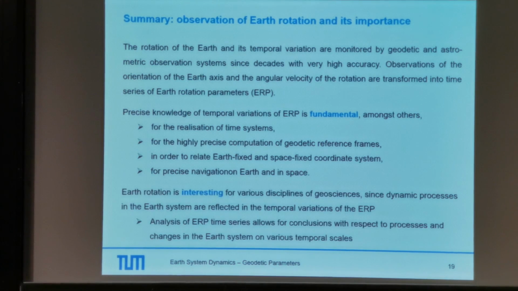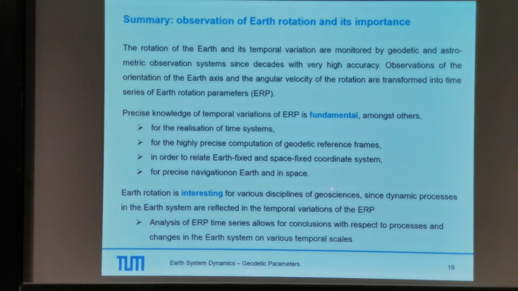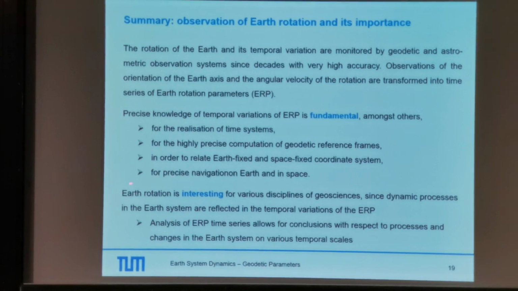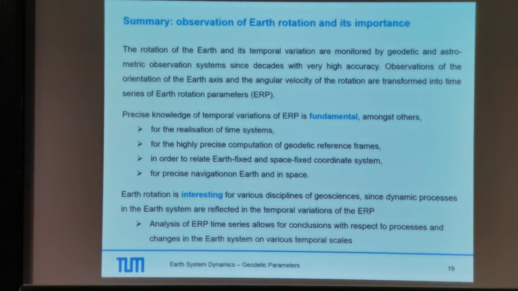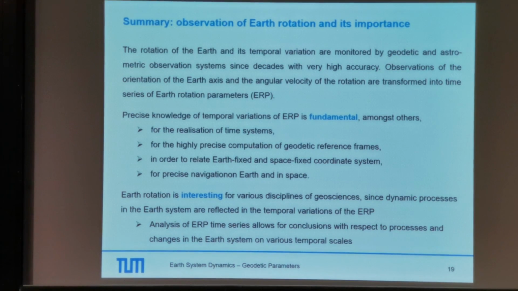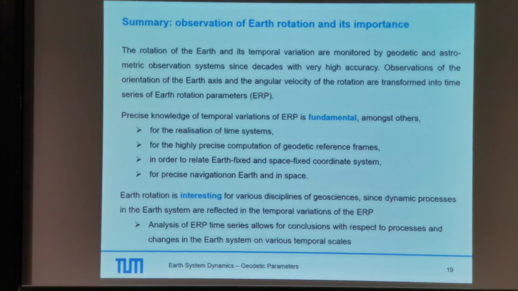Earth rotation is really important. It's interesting for various disciplines in geosciences, since dynamic processes in the Earth are reflected in the temporal variations, as we learned before. We have a lot of things ongoing within the Earth system which can be related to variations in the Earth's rotation.